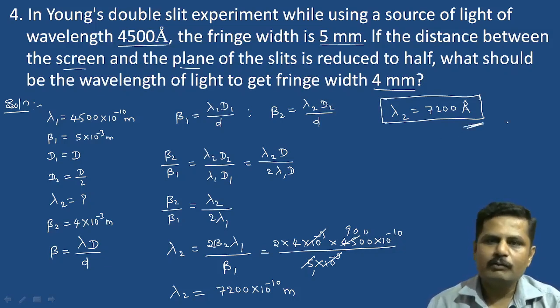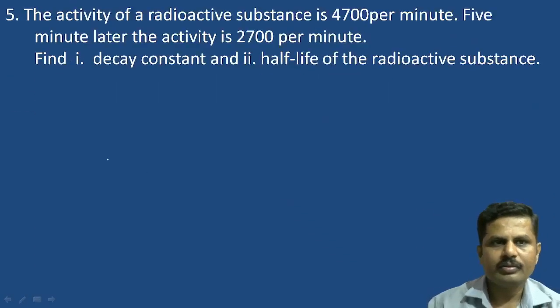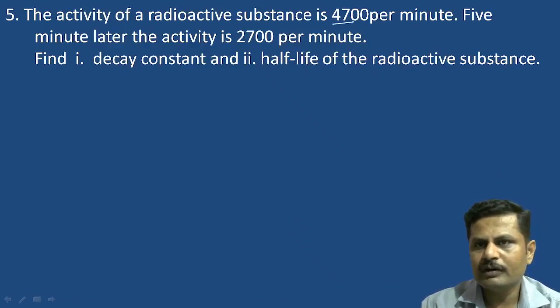Okay, so let me move to the next question. The activity of a radioactive substance is 4700 per minute.